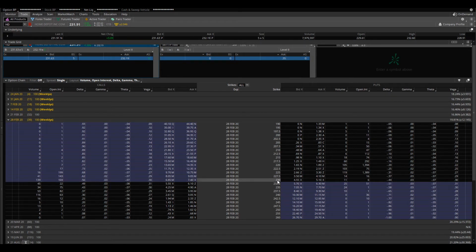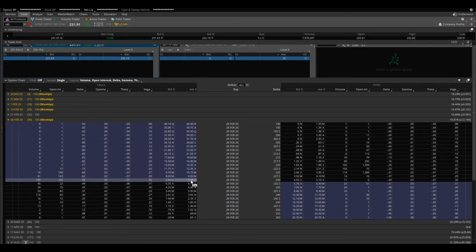Seeing that buy, this is a $230 strike. Price is at $231.91. You're at 6.85 to 7.4. So you're looking about 2.7 to 2.8. I'm sorry, $237 to $238 before you're at break even.